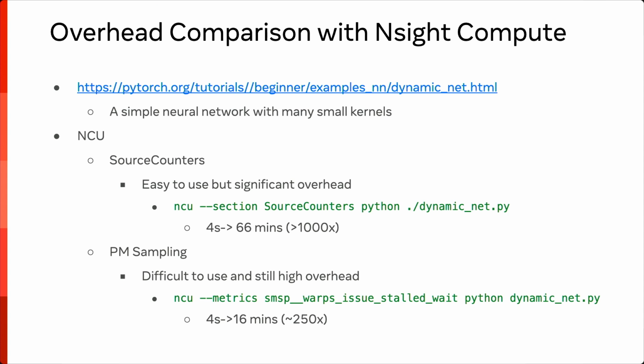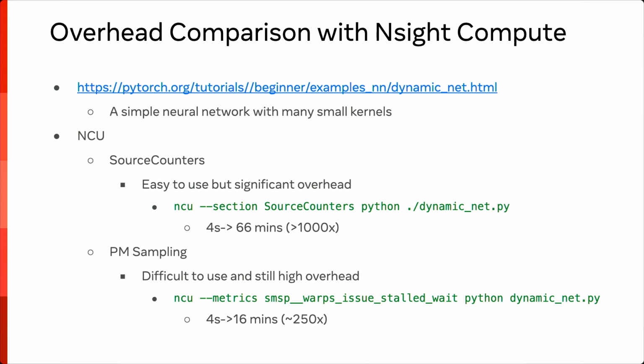Here's the overhead comparison when you use instruction sampling in Proton versus Nsight Compute. I use a simple tutorial offered by PyTorch called Dynamic Net. This just defines a simple neural network with many small kernels. Using Nsight Compute, you can enable instruction sampling in two modes. The first one is to supply an option called --section SourceCounters.